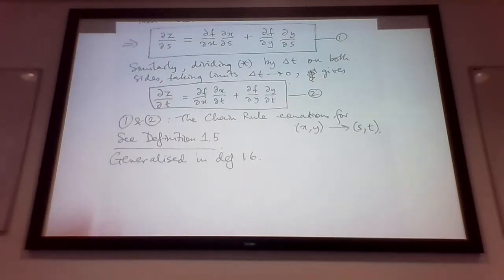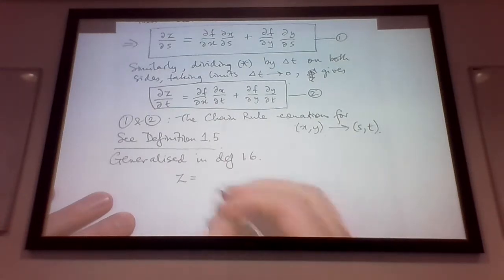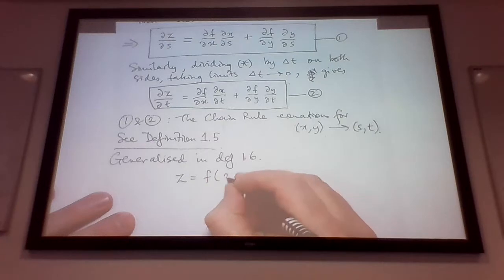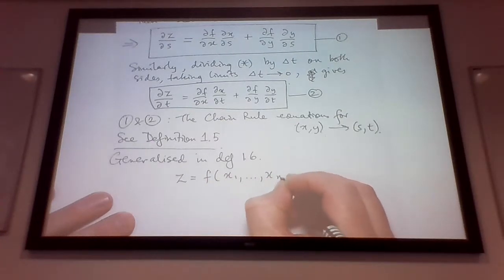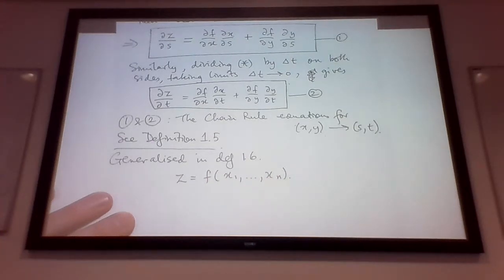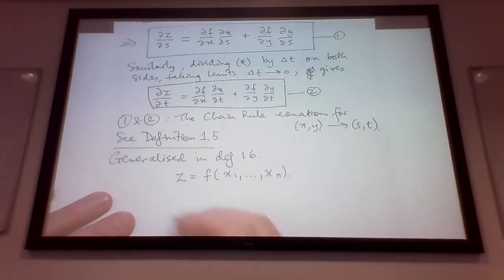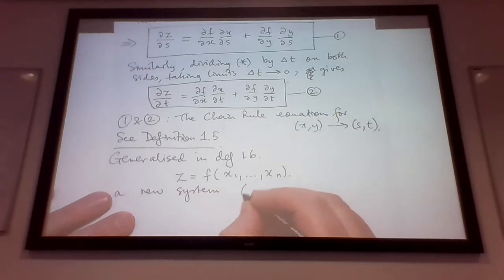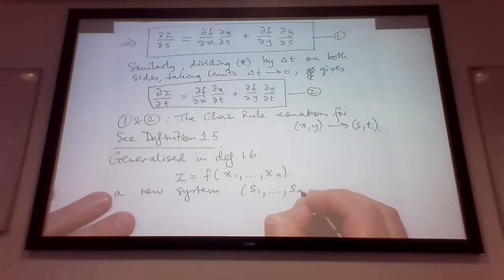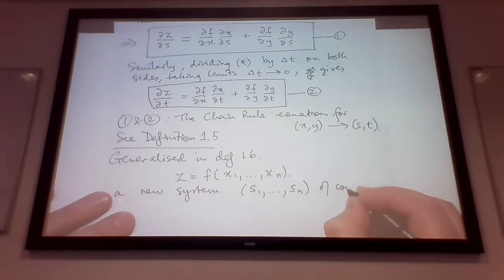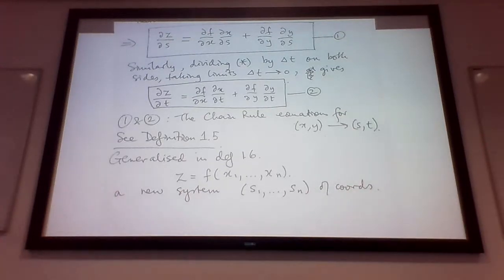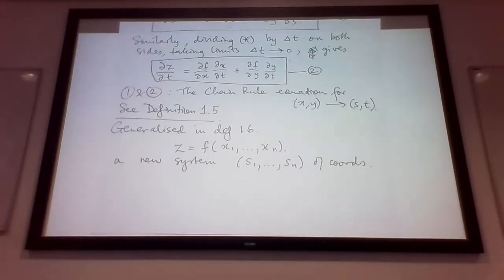In this generalization, you've got a quantity z being a function f of n variables x1 to xn, and a new system of coordinates s1 up to sn. Then you've got n different chain rule equations.